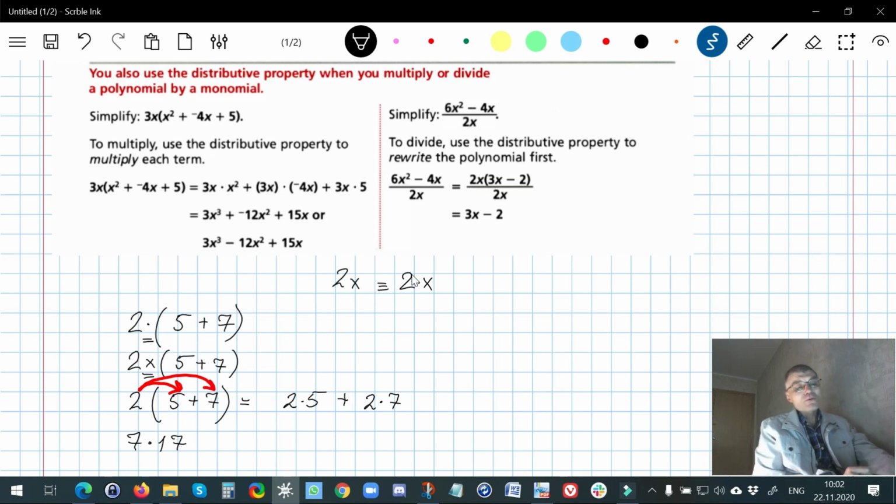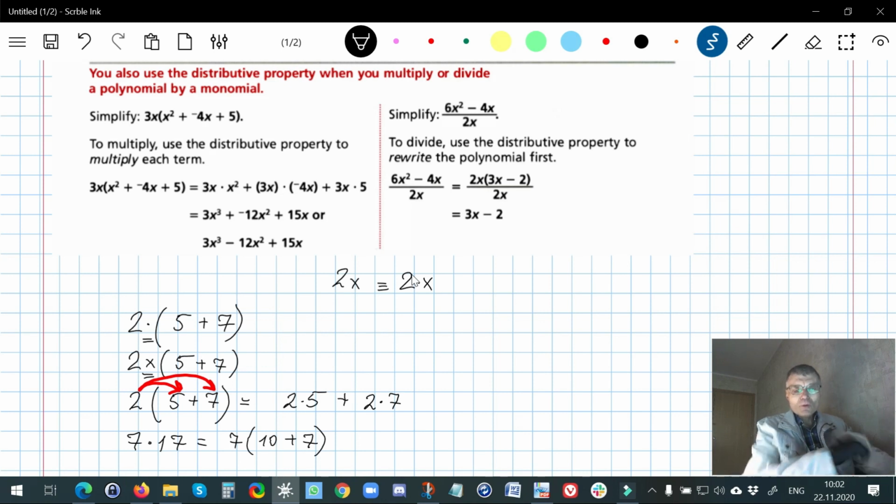How do I do that if I don't use long multiplication? I might proceed in the following way. I might represent 17 as 10 plus 7.